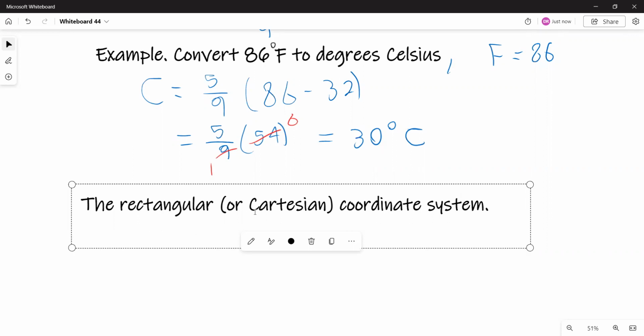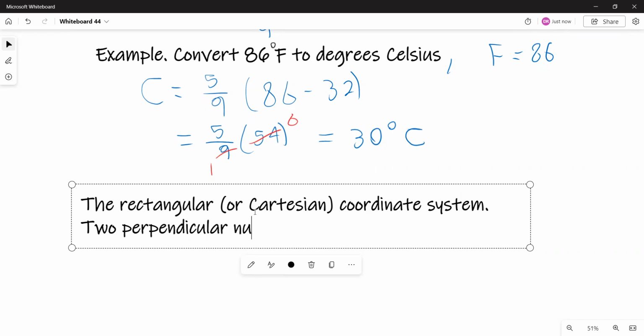The way this works is that two perpendicular number lines intersect at a point called the origin.